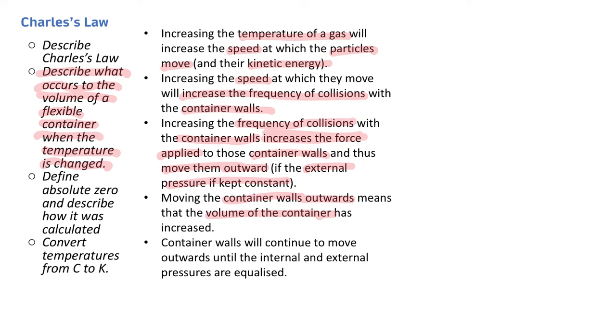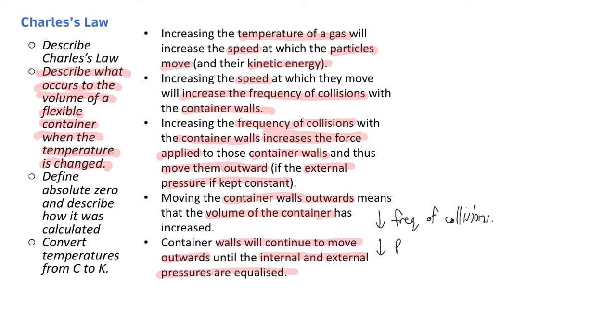By making them move further to collide with the wall, you decrease the frequency of collisions, which leads to a decrease in pressure. The container walls will continue to move outwards until the internal and external pressures are equalized. Effectively, the volume changes to keep the internal and external pressure equal.